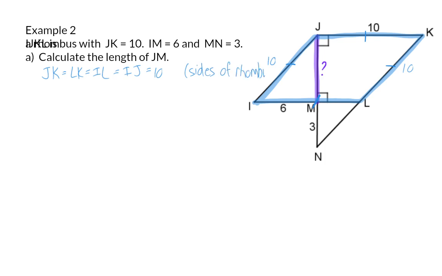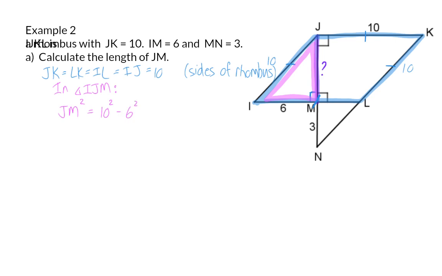From this sketch, we also know that the angles at M are 90 degrees. This means we now have a right-angled triangle in which we can calculate JM. So in this triangle, we want to once again determine one of the shorter sides, JM, and therefore JM squared will be equal to our hypotenuse squared minus the other shorter side squared.